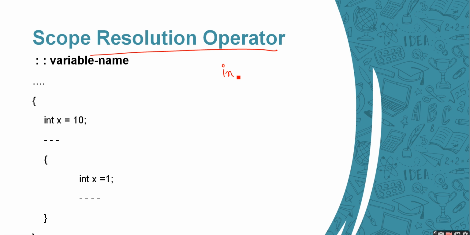Let's say this is my main class. In our previous class, we have learned something like this: int i is equal to 10. And inside this for loop, int i is equal to 5.